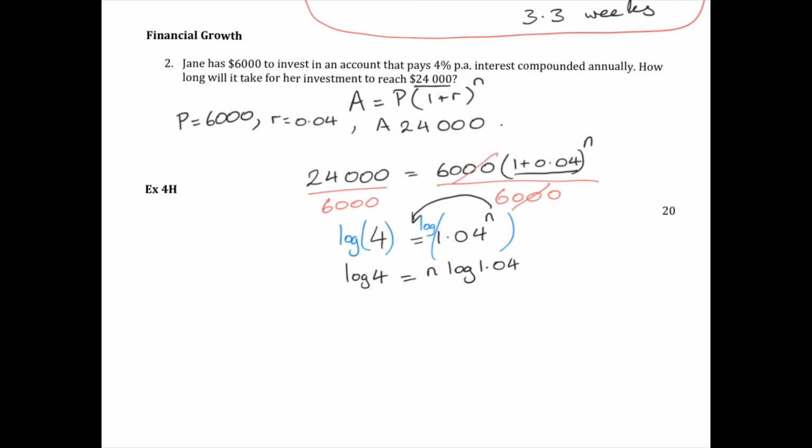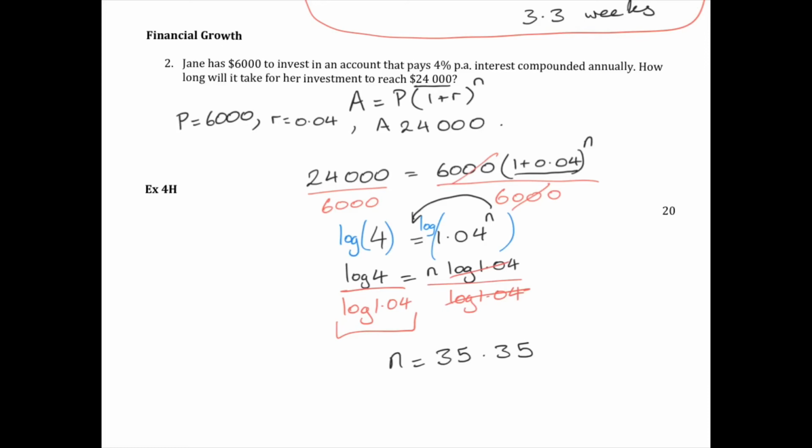So now I can divide both sides by log of 1.04. Cancel, cancel. And I just put this in my calculator to find N. Now, as a decimal, I get 35.35.